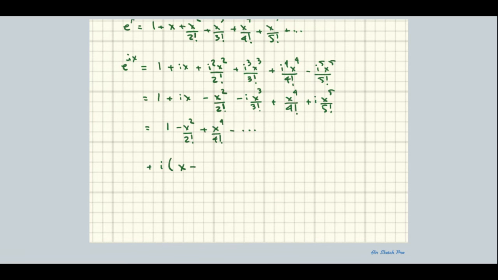The imaginary part: x minus x cubed over 3 factorial plus x to the 5th over 5 factorial minus. And now, yep, the other one looks a whole lot like sine x. This is indeed the Taylor series for cosine x.